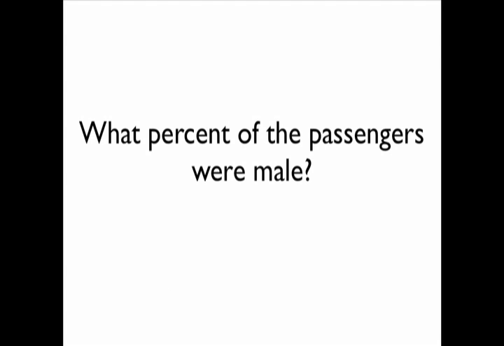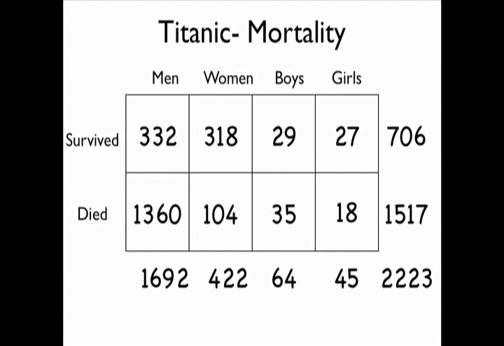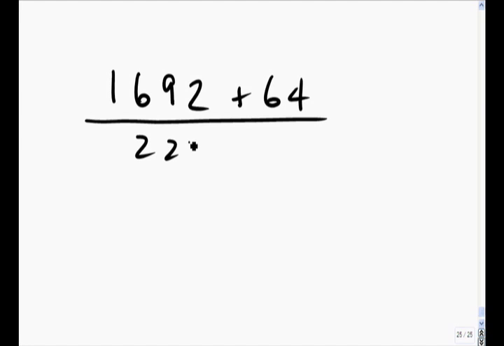What percent of the passengers were male? There's 64 boys, 1,692 men, both of which are male, out of the 2,223 passengers. 1,692 men plus 64 boys divided by the 2,223 passengers.